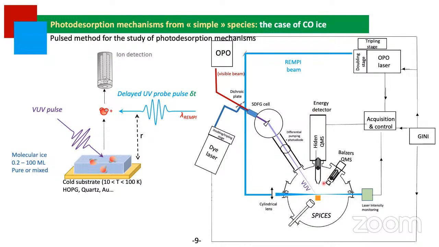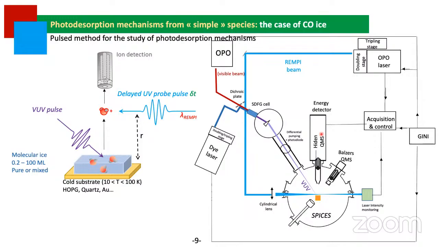And then once this is sent to the surface, the molecule is ejected, and you will have to ionize it with a third laser, and then you will have to detect it also with a temporal gate. So everything has to be synchronized. All the lasers have to work at the same time, which is basically not happening, but sometimes it does. But still it is a very powerful technique.